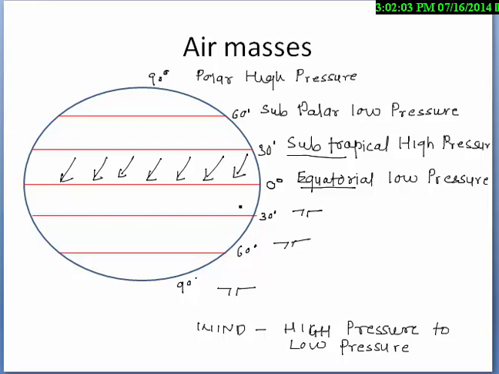The same goes for the southern hemisphere, 30 degree to 0 degree equatorial, from high pressure to low pressure. The only difference is it turns westwards.